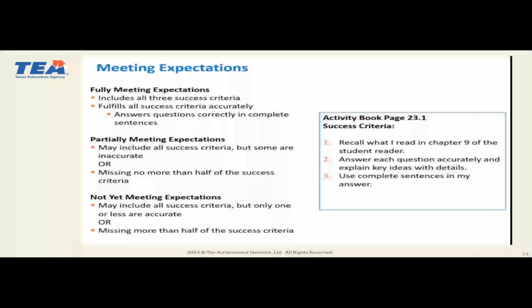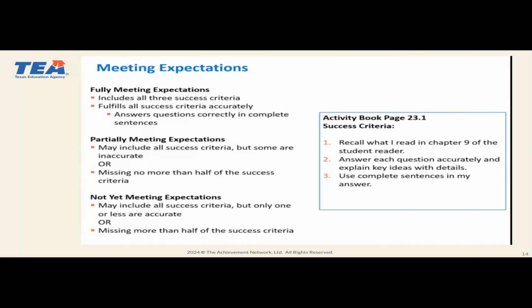Are they referring to the text? 2, answer each question accurately and explain key details with text. So you may notice that students will answer each question accurately, but they lack any kind of details or explanation. And lastly, 3, complete sentences in my answer.